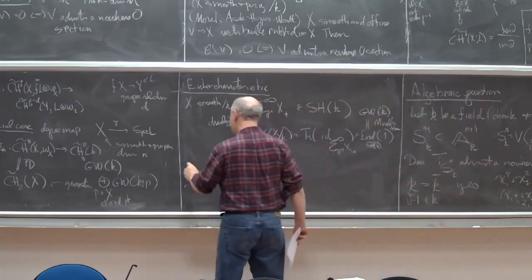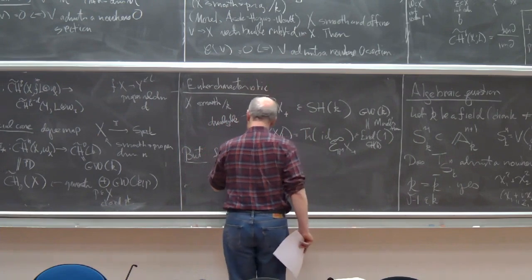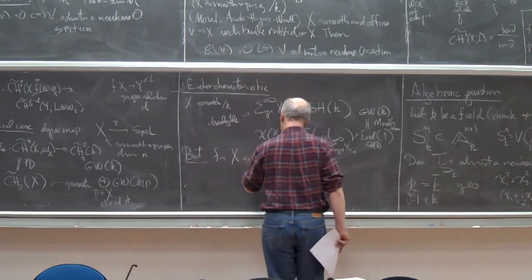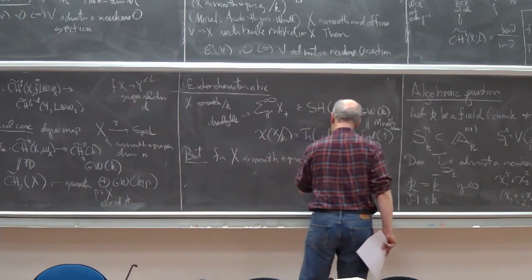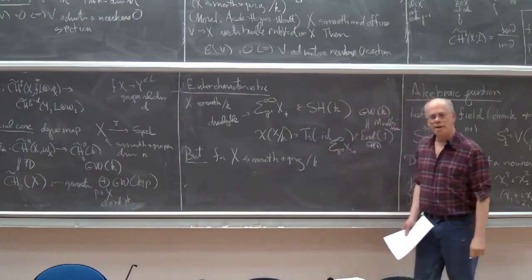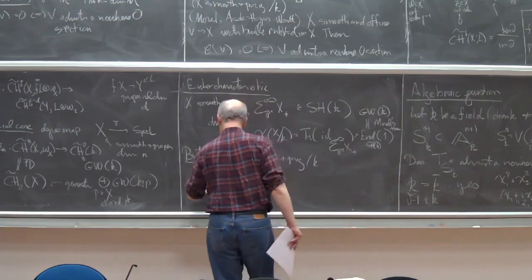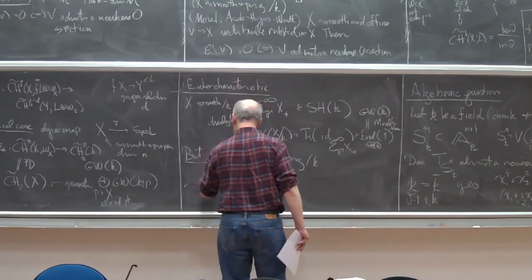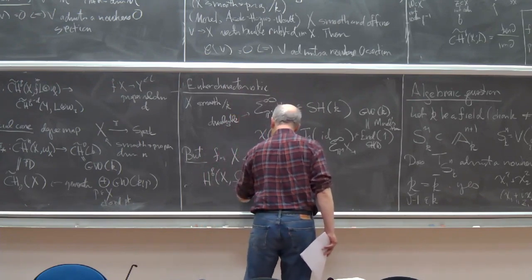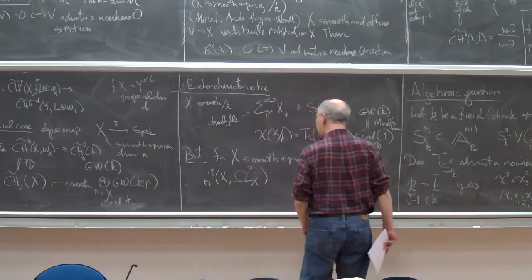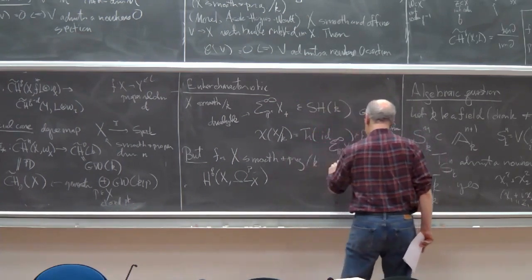Okay, but for X smooth and projective over K, there's a very explicit way of describing this. You have the Hodge cohomology, the cohomology of X with coefficients in the p-forms on X. This is a finite dimensional K vector space. Let's say n is the dimension.